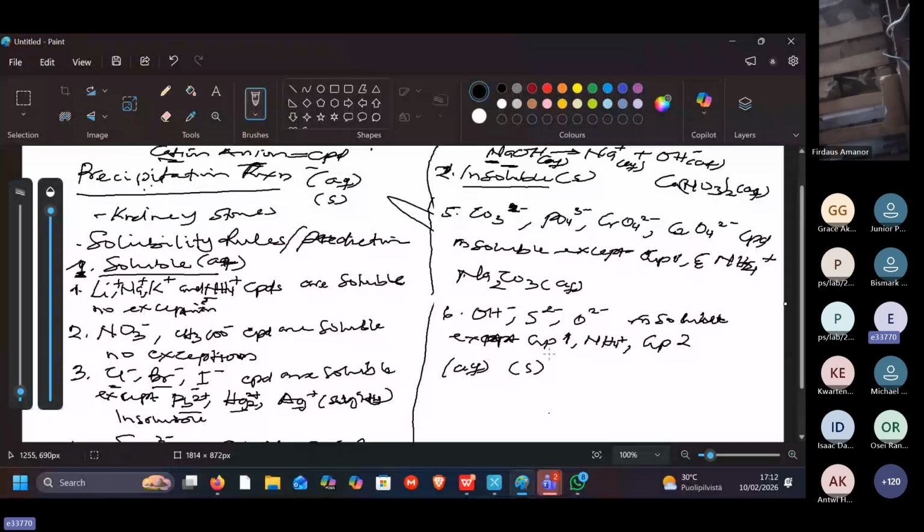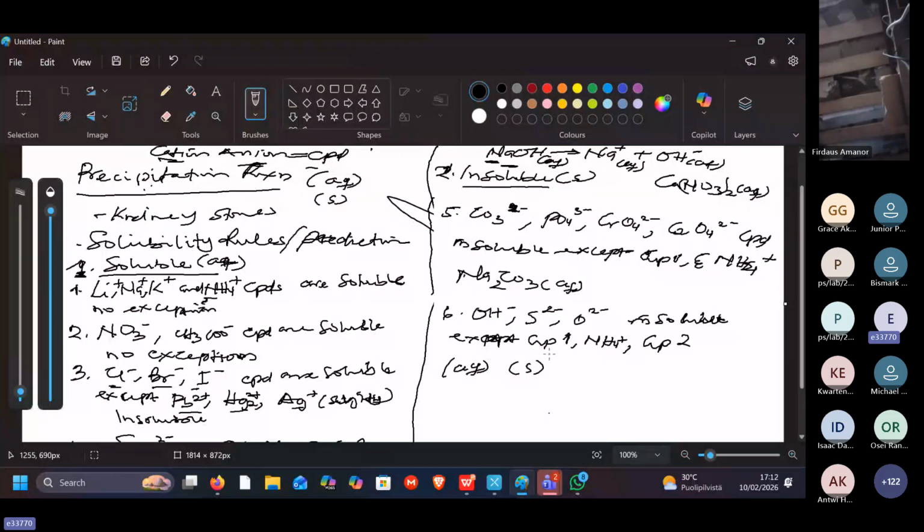Then the hydroxides, sulfide, oxide, cyanide are generally insoluble, meaning solid, except when they meet with group 1 and ammonium. And this time, when they meet with group 2, they become soluble.